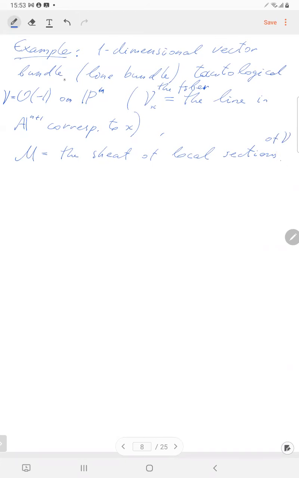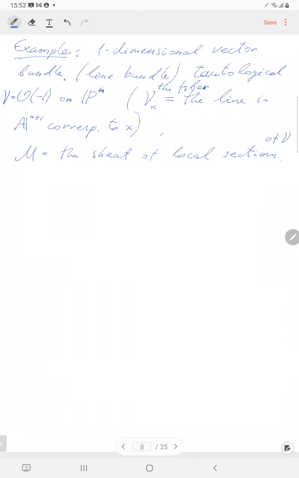The points in projective space are just lines, by definition.